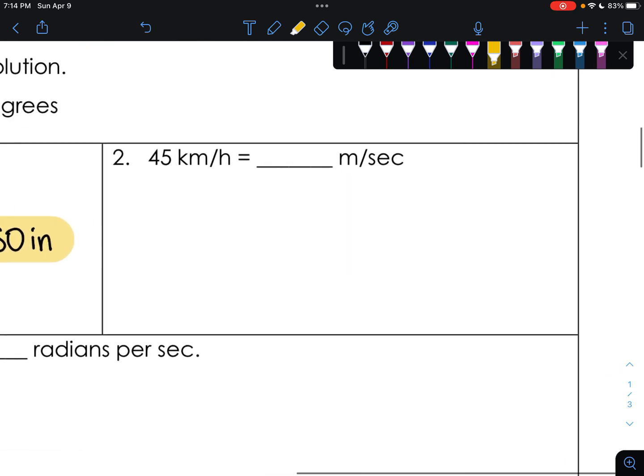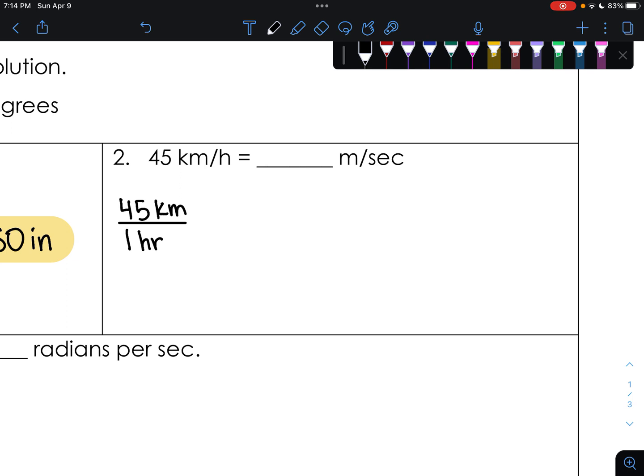Looking at this next one, we have 45 kilometers per hour, and we want to convert it to meters per second. So what we have is 45 kilometers per every 1 hour. So we're going to pick which one we want to figure out first, because again, I need to convert kilometers to meters and then hours to seconds.